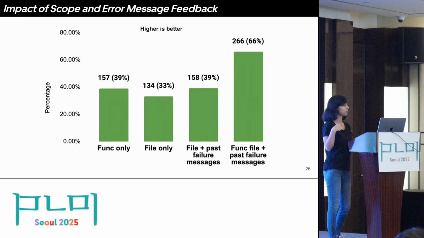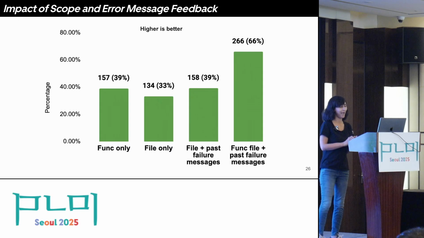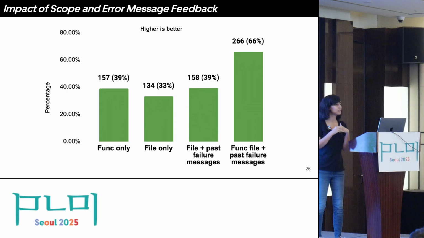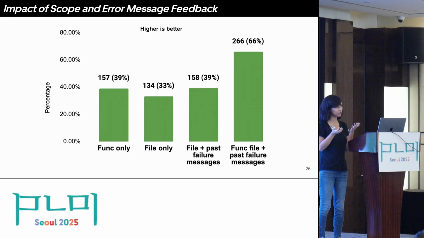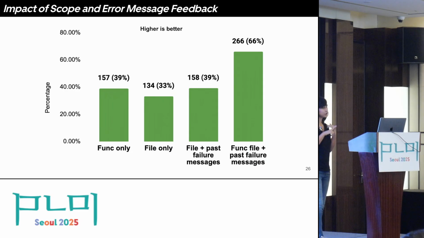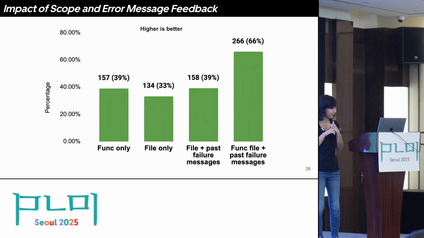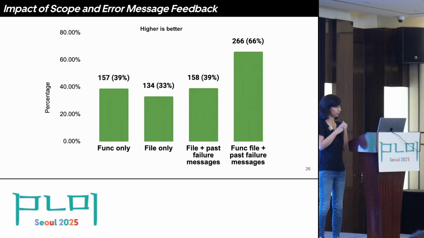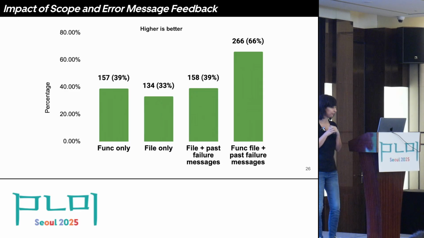We also wanted to evaluate the impact of our feedback loop using different scopes and error messages. And as you can see here, using the function only, file only as just a scope or coding context that is provided to the LLM, or the file plus the pass failure messages is not as effective as providing the combination of all of them.